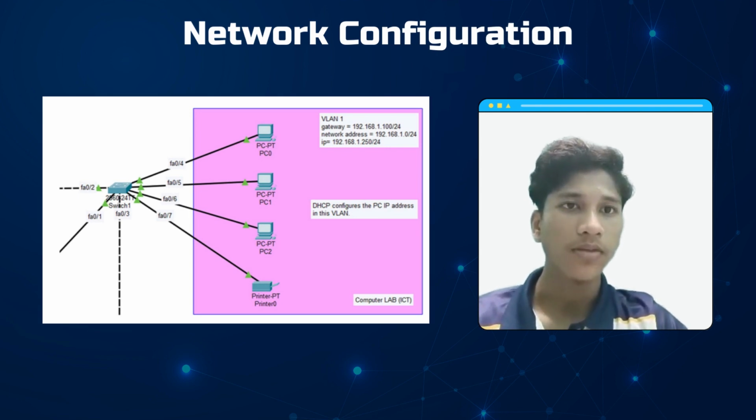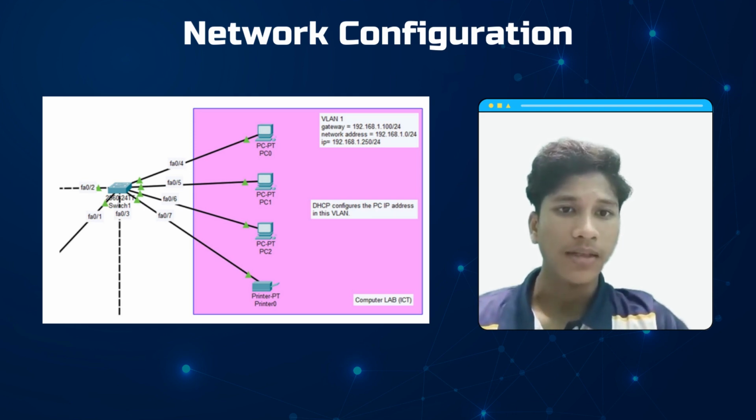Next is figure 5, network configuration for the R&D lab, VLAN 1 at the company. Referring to figure 5, the R&D lab is using VLAN 1, which consists of 3 PCs and a single printer, which were named PC0, PC1, PC2, and Printer 0 respectively.